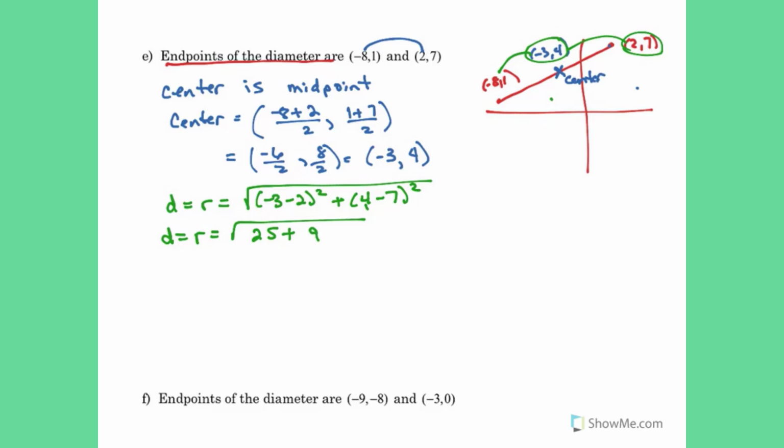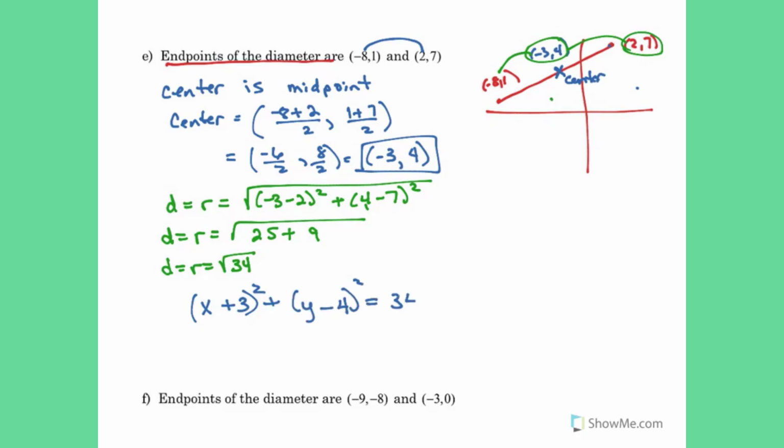That's negative 3 squared. And that's the square root of 34. And remember, I'm writing the equation of the circle, so I need r squared. So I don't really need to simplify that square root. And I don't think you can simplify it anyway. So we would have our center. So I have x minus a negative 3 squared plus y minus k squared equals our radius squared.